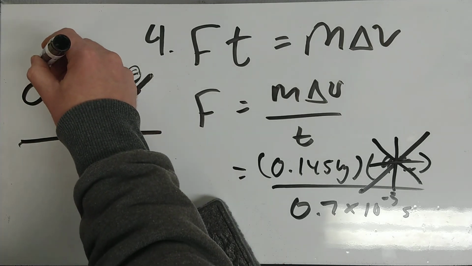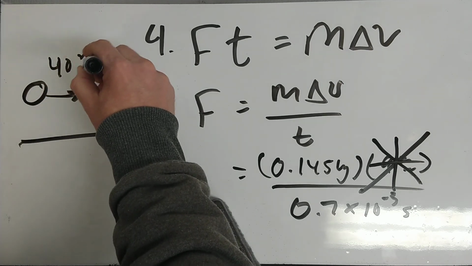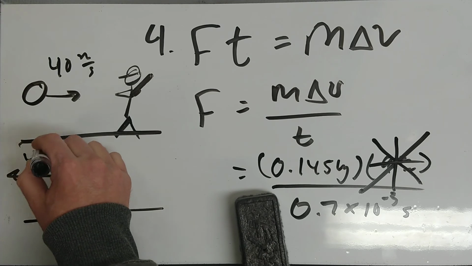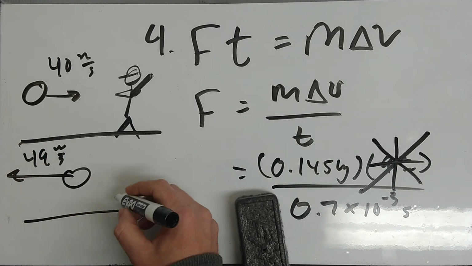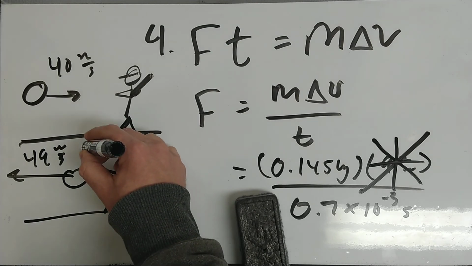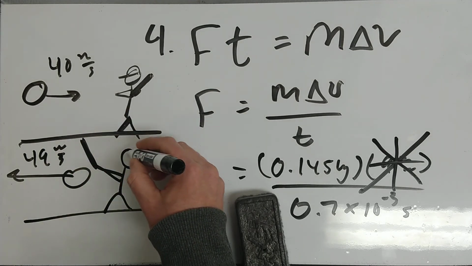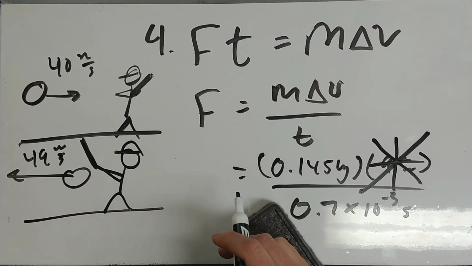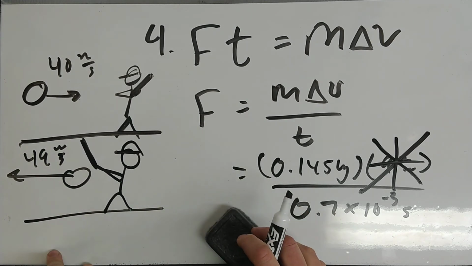It'd be embarrassing. It's coming in at 40 meters per second, right? But then it leaves the bat at 49 meters per second. So the person swung, and that ball is flying now, right? So there it goes, 49 meters per second.